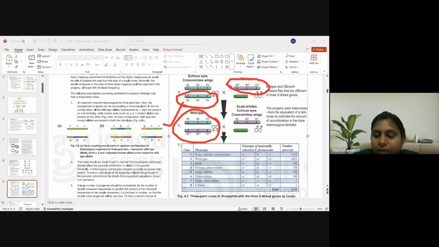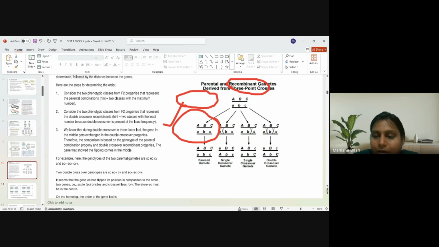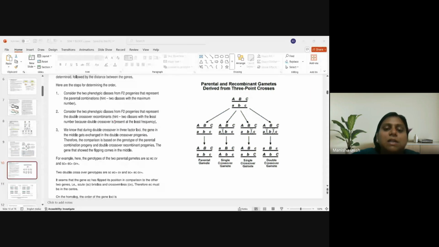Let me show you a simpler form of this. Okay, this is visible to all. This is very important if you want to understand the 3-point cross.